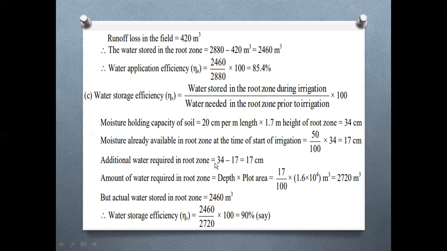Now additional water required in the root zone is equal to 17 centimeter. Hence the amount of water required in the root zone is equal to depth into plot area, which is equal to 2720 meter cube, but the actual water stored in the root zone is 2460 meter cube. Hence the water storage efficiency, that is eta s, is equal to 90%.